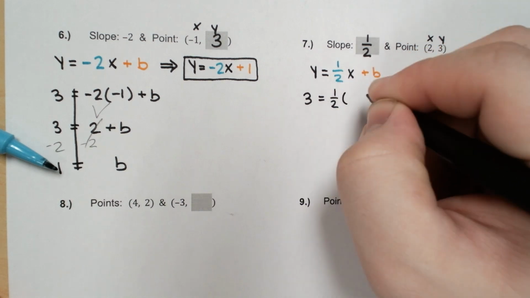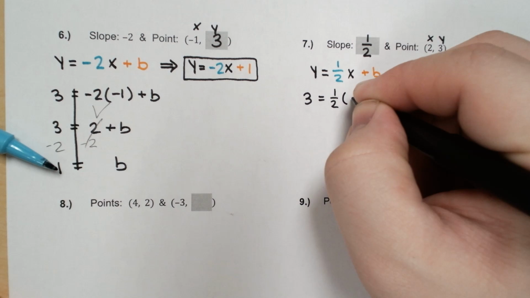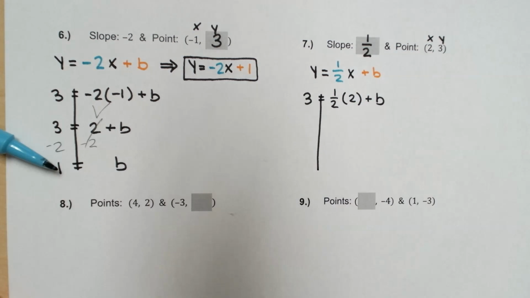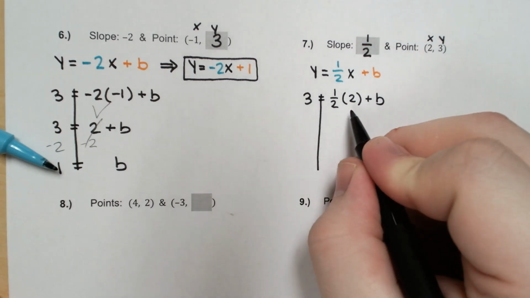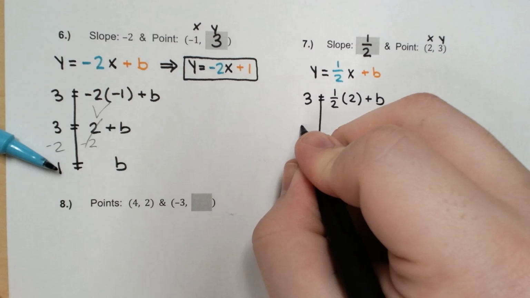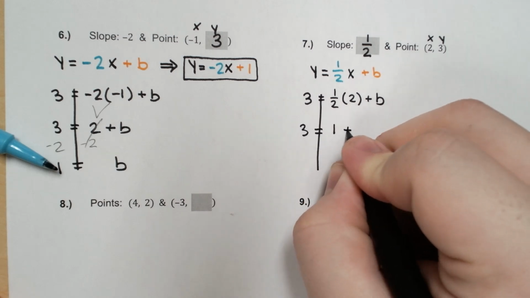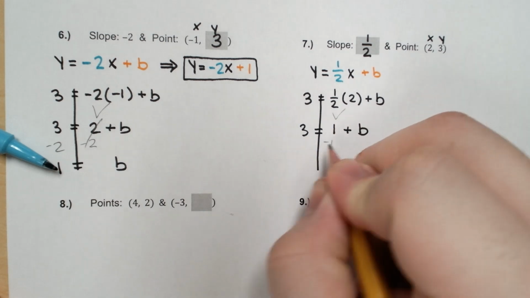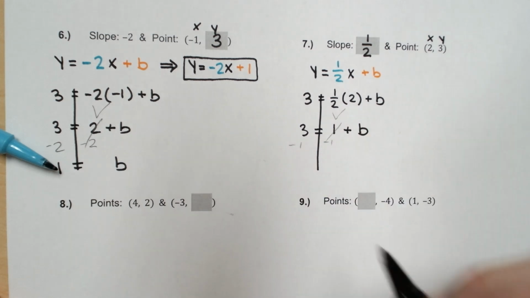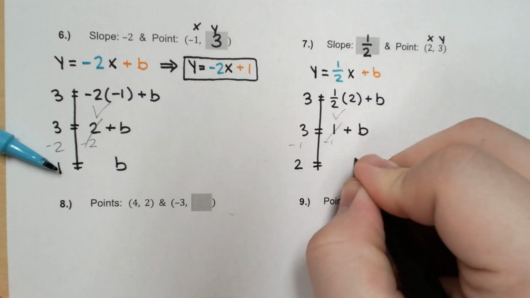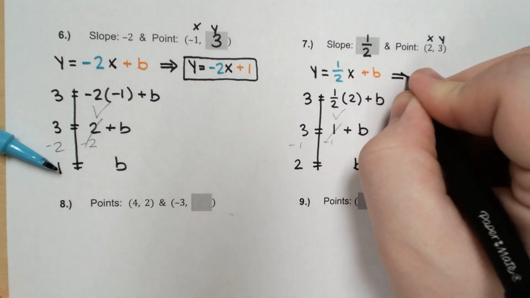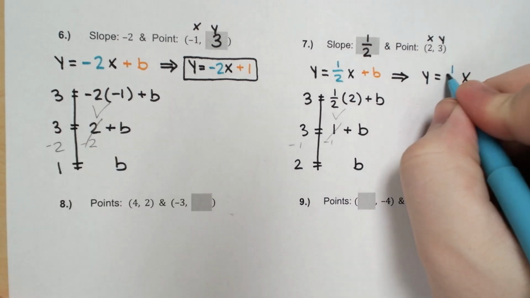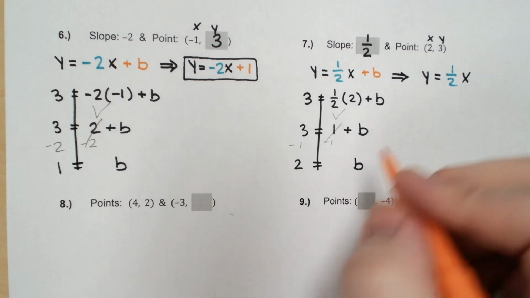And say 3 equals 1/2 times 2 plus b. 1/2 times 2 is just 1. And then subtract 1 from both sides. 3 minus 1 is 2. So now I know the y-intercept is 2. So my equation is y equals 1/2 x plus 2.